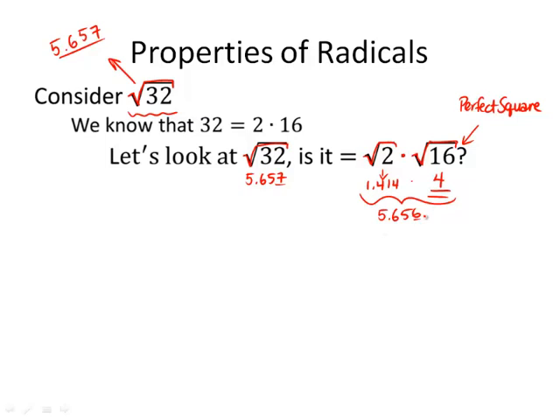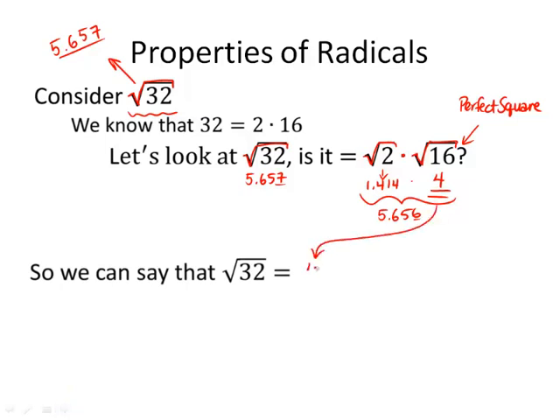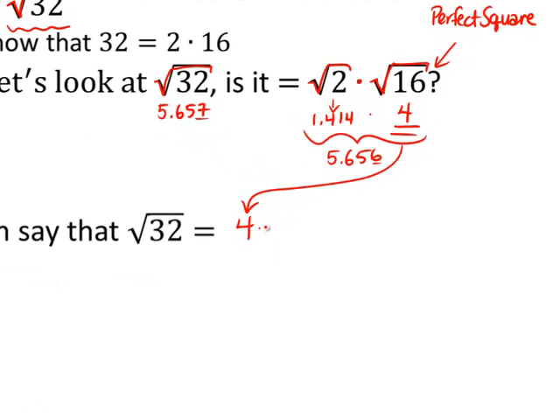So we often in mathematics want to eliminate as much rounding as possible and keep it to the most exact version that you could have. So we could actually write root 32 as 4 times the root of 2. And often it's just written 4 root 2.